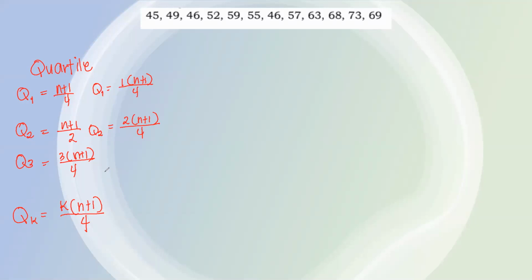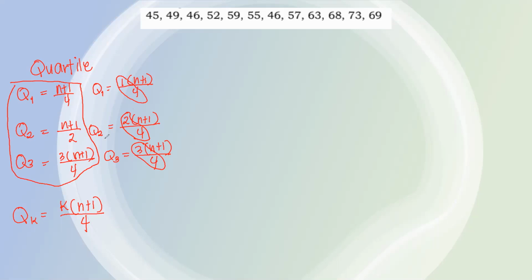Yung Q sub 3 natin, that's 3 times n plus 1 divided by 4. Kasi nga sabi ko sa inyo kanina, this is 1/4, this is 1/2, and this is 3/4. So ano yung ginagamit kong formula? Ako, ito na yung ginagamit ko para mas simple. Okay. So, nanggaling siya dito.